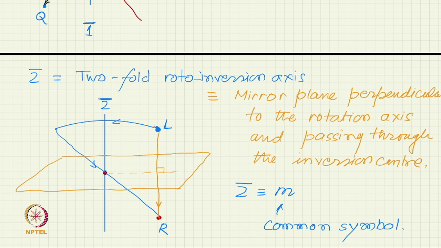And common symbol in 2D diagrams is a line, graphical symbol. Graphical symbol is line, letter symbol is m.